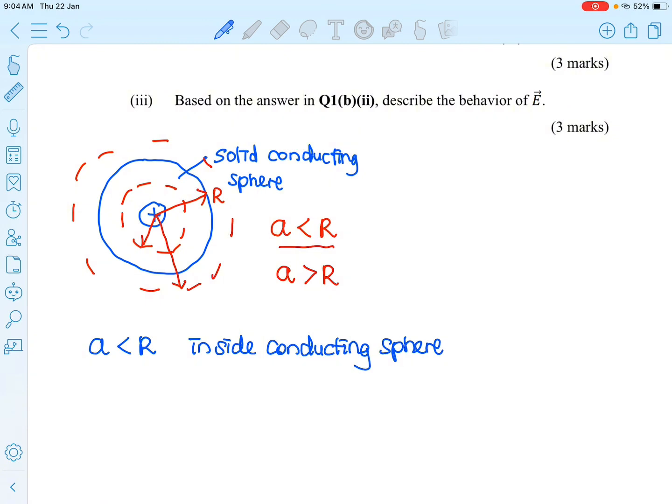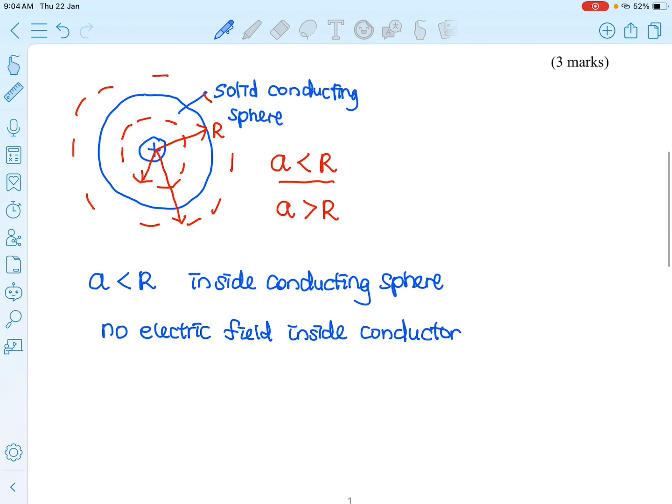This is a very important property: no electric field inside a conducting sphere or conductor. So the electric field in the region A less than R is equal to 0.